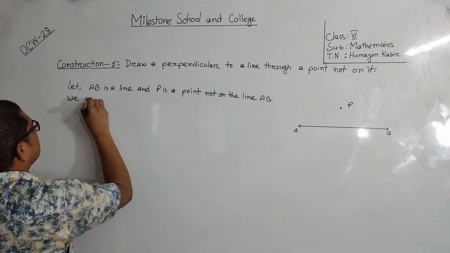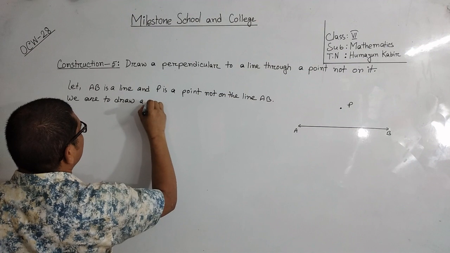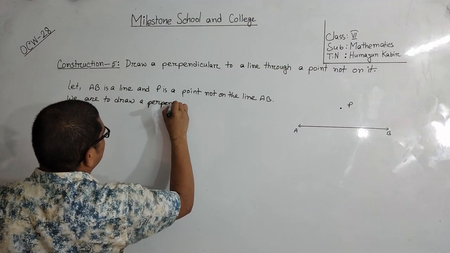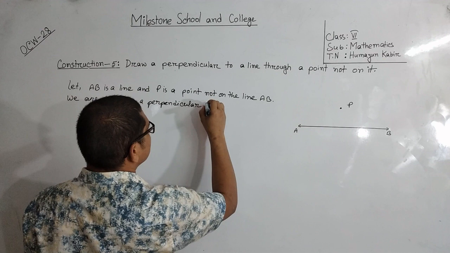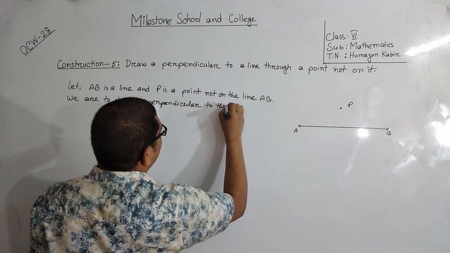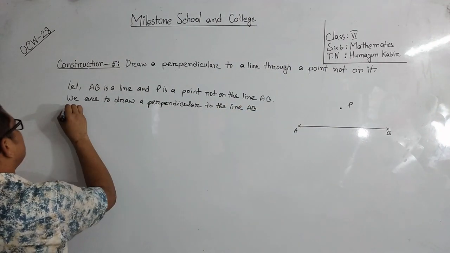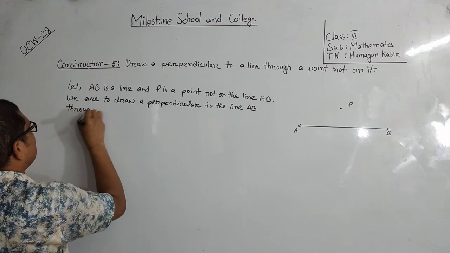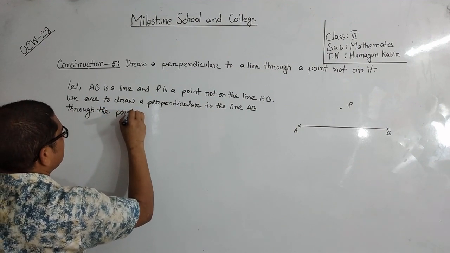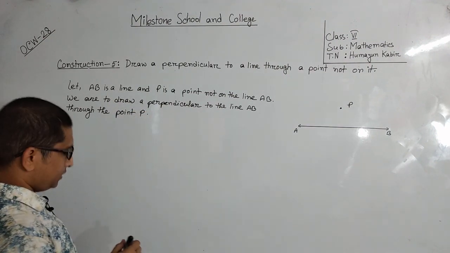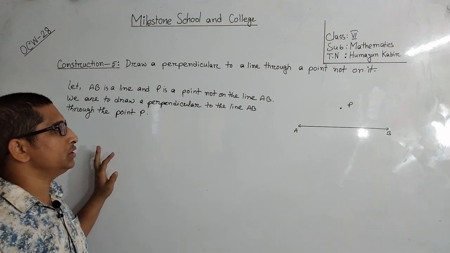We are to draw a perpendicular to the line AB through the point P. Okay, dear students, write this one everyone in your CW copy. After that, I will show how to draw this perpendicular.